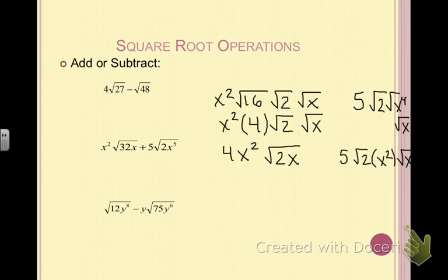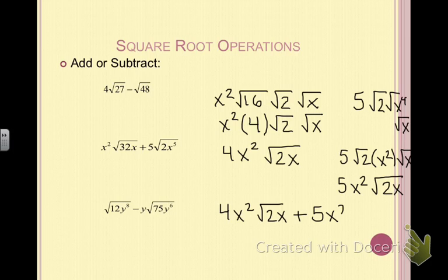This gives us a simplification of 5x squared times the square root of 2x. Ding, ding, ding! We now have like terms. The final sum after simplifying is 9x squared times the square root of 2x.